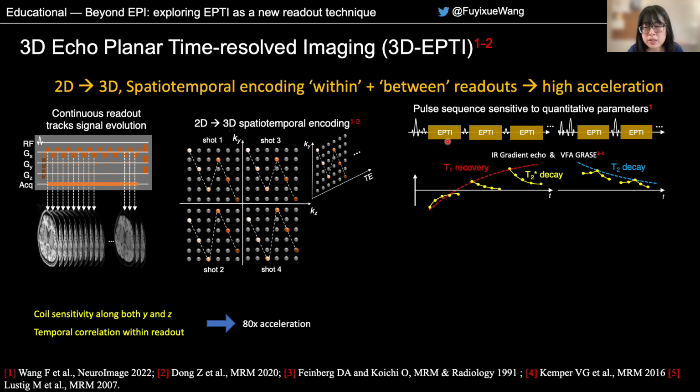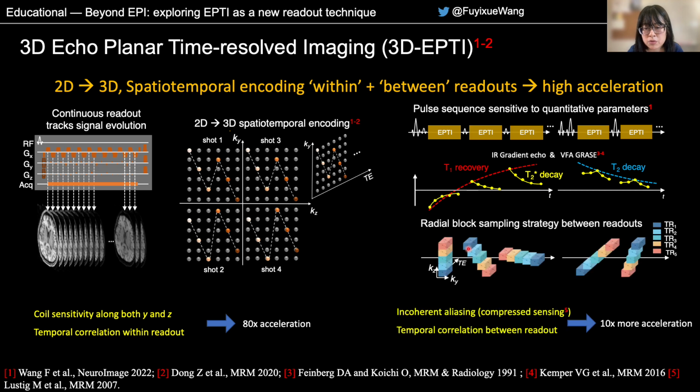And this EPTI readout can be applied to pulse sequences that are sensitive to different contrasts or quantitative parameters. In addition to the data correlation within the readout, we can also sample different k-space locations between different readouts to take advantage of the correlation between the readouts as well for further acceleration.